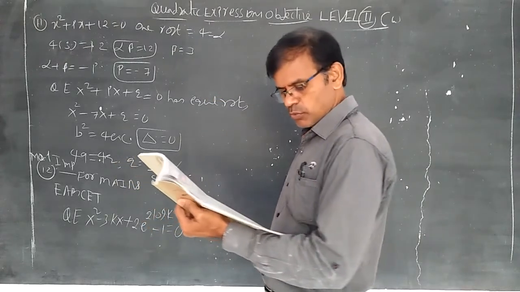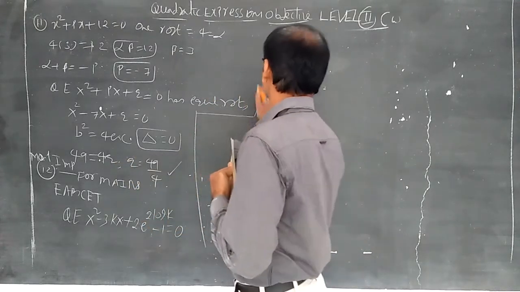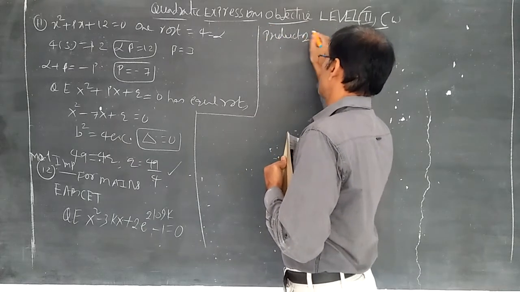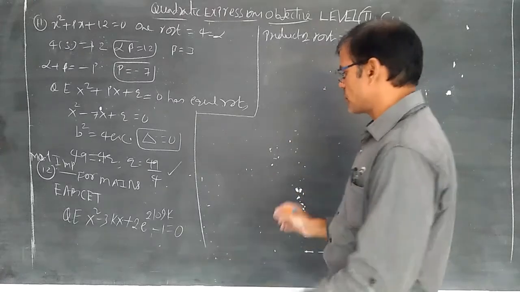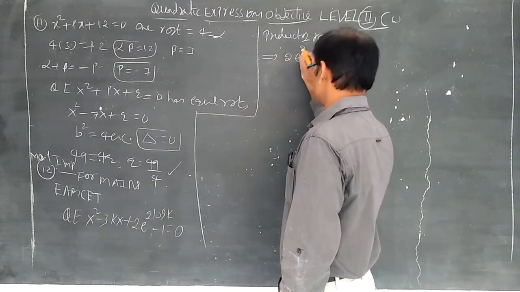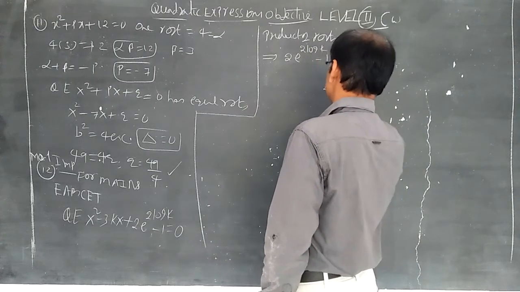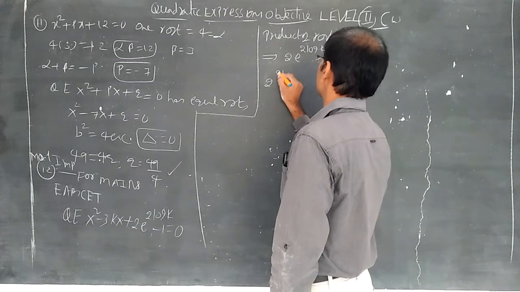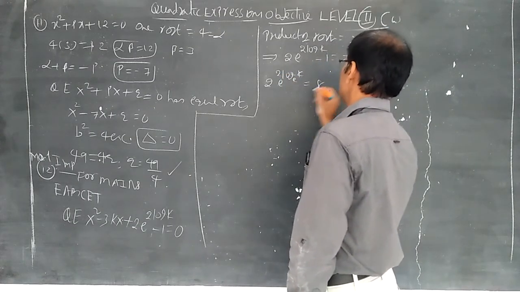What it is giving? Product of roots is equal to 7. So what is the product of roots? Here c by a comes. 2 e power 2 log k minus 1 is equal to 7. You can understand 2 e power 2 log k equal to 8.